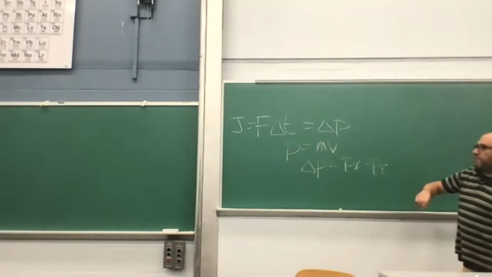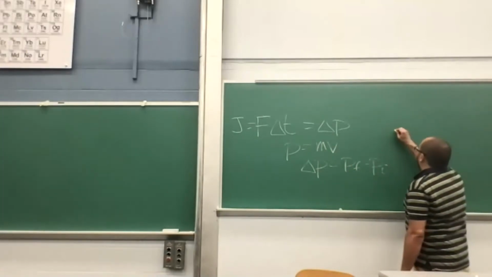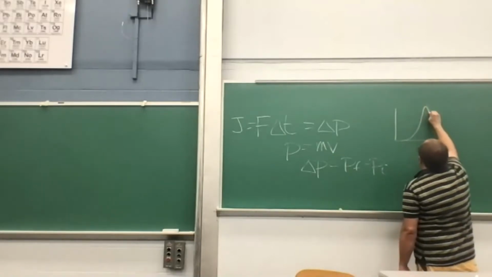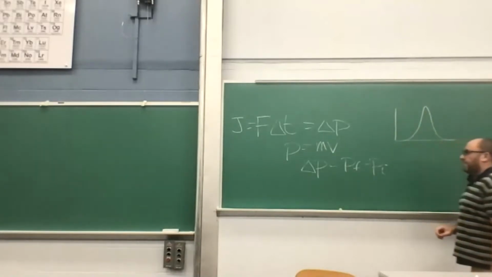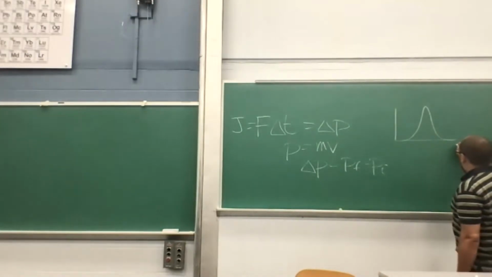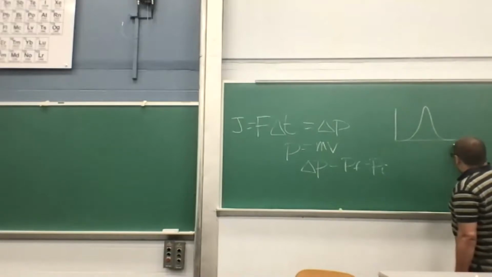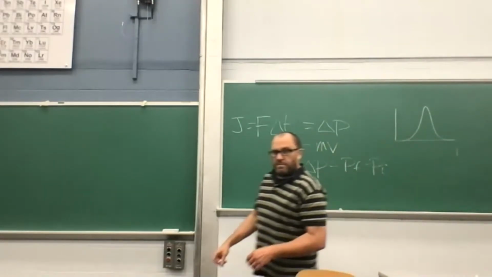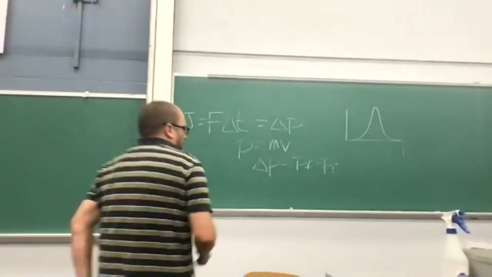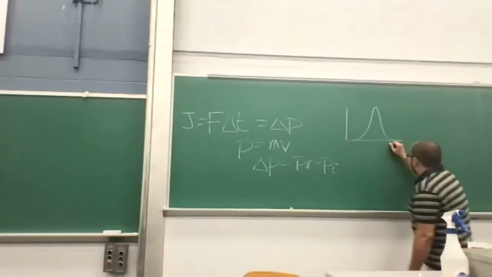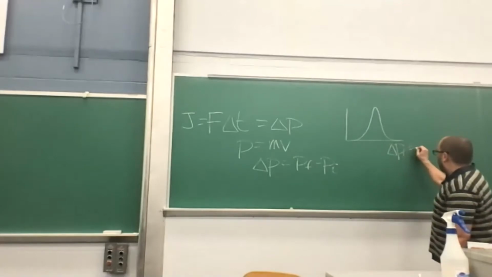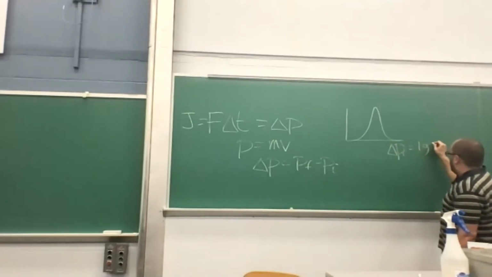So that's force times time. So for my bouncy ball, okay, maybe it was something like this, right? So let's say my velocity before the collision, right? So delta P for my bouncy ball, let's say it weighs 1 gram. So I'll have 1 gram.